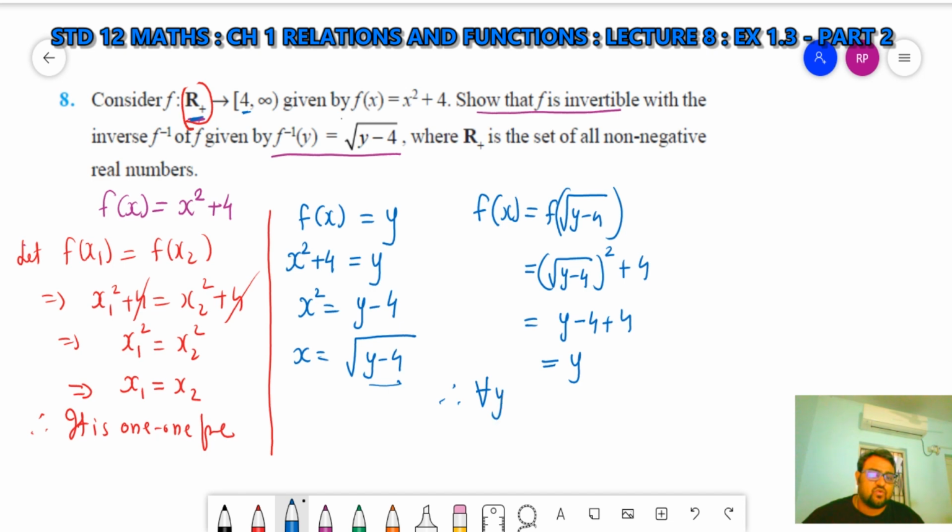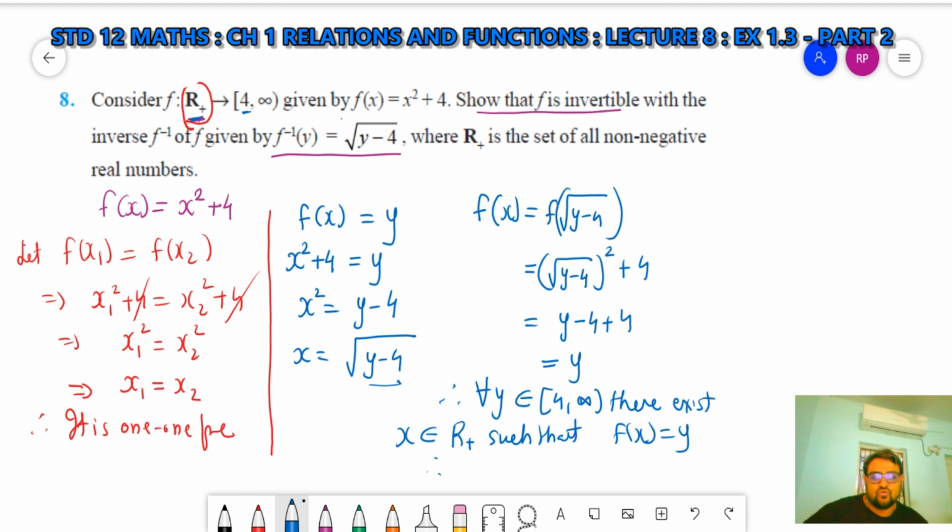Therefore, for every y belonging to the codomain, that is 4 to infinity, there exists x belonging to the domain such that f x is equal to y. Therefore, it is an onto function. Okay, clear?